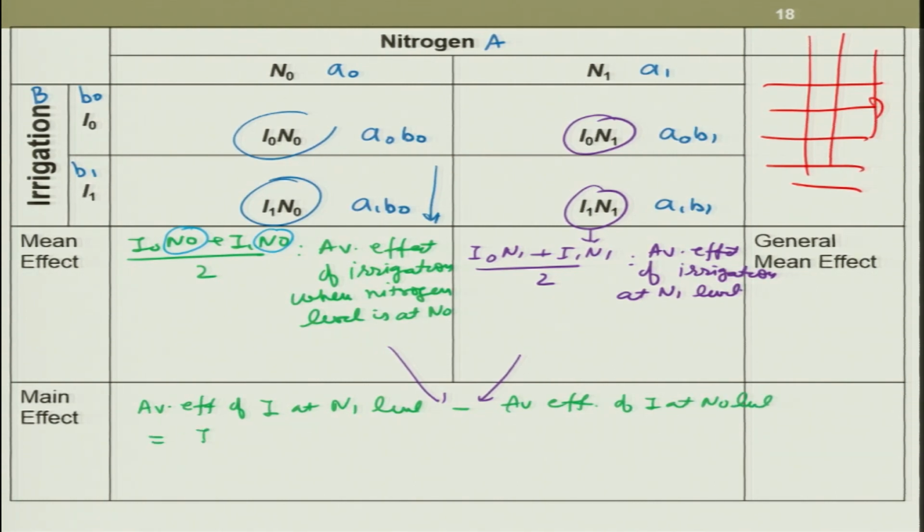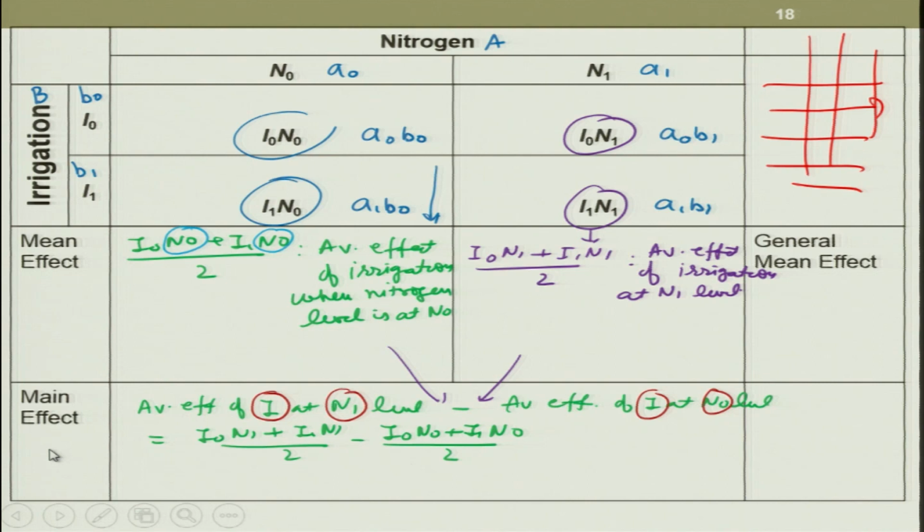So, this becomes I0 N1 plus I1 N1 divided by 2 minus I0 N0 plus I1 N0 divided by 2. So, this essentially gives you the main effect of nitrogen.